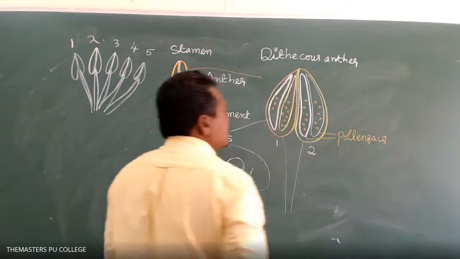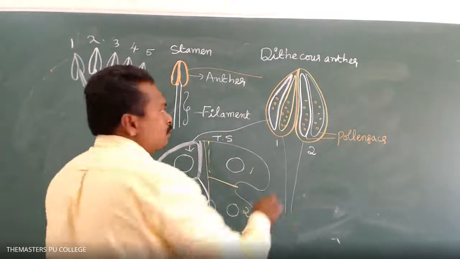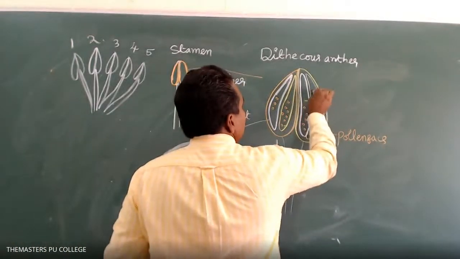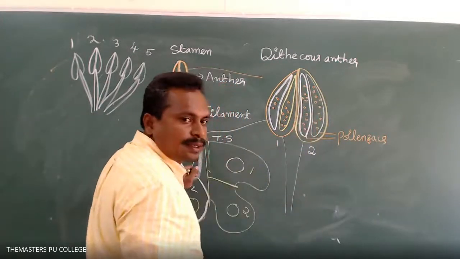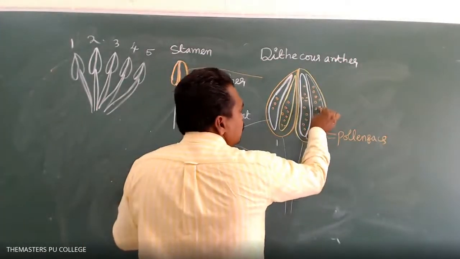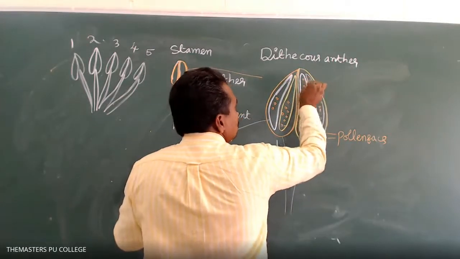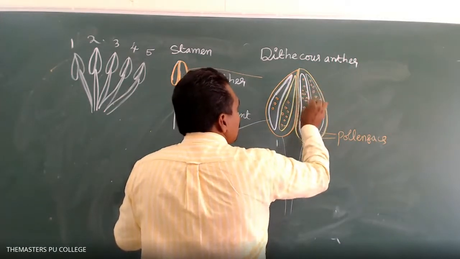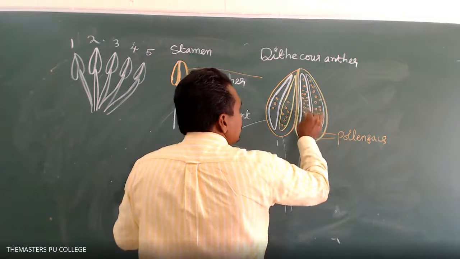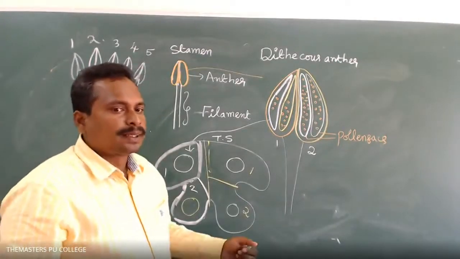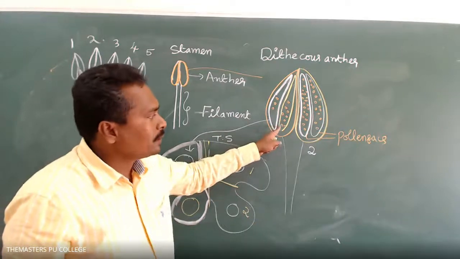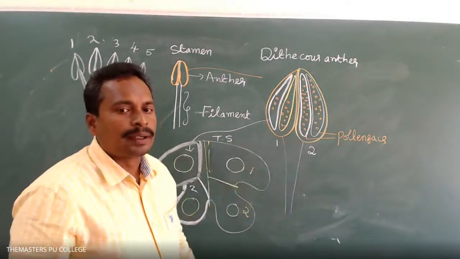Here, the small spherical shaped structures represent the pollen grains. So the pollen chambers are involved in the production of pollen grains.